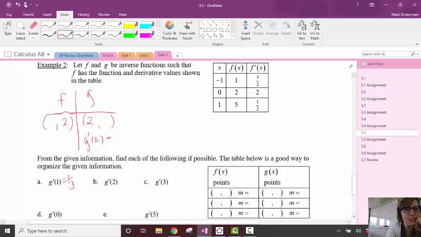Okay, so if the x is 2 on g, then the y is 2 on f, and so we go to the table and say, okay, f is 2 when x is 0. So I should be able to figure out what f prime of 0 is because that's the x value over here, which is 2. By the way, I could have populated that one as well. And so our answer then is the reciprocal.